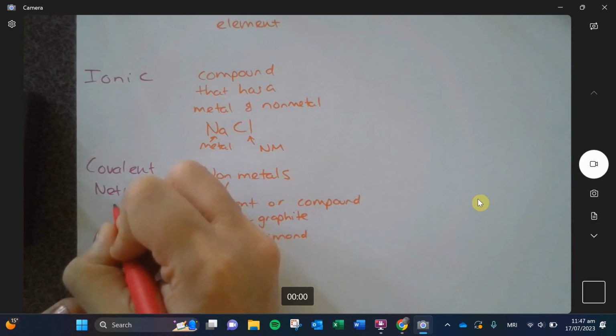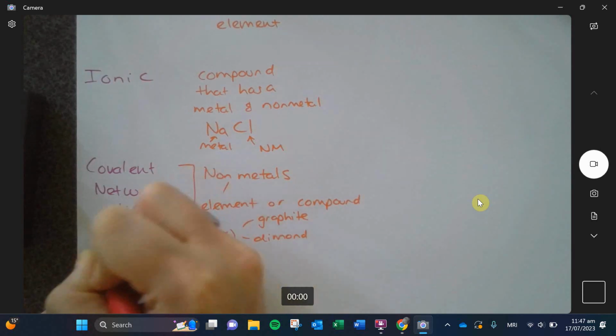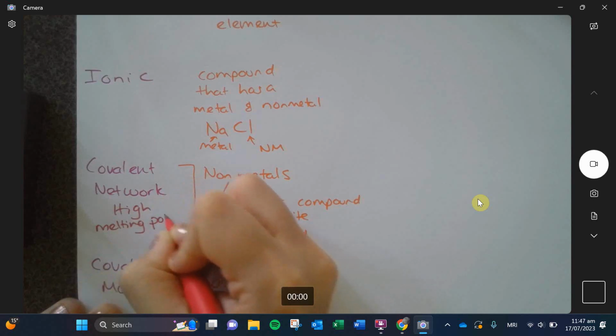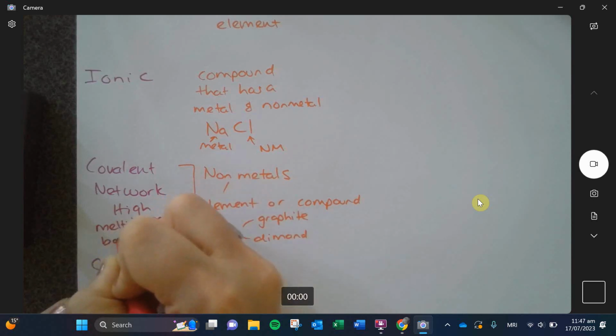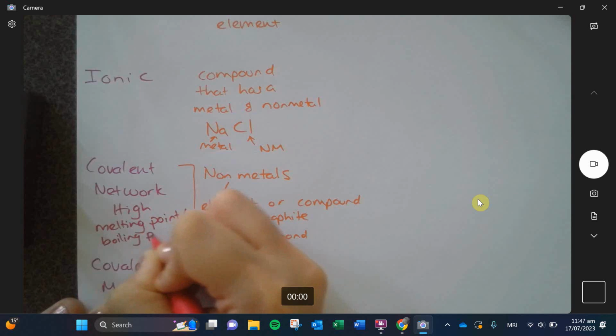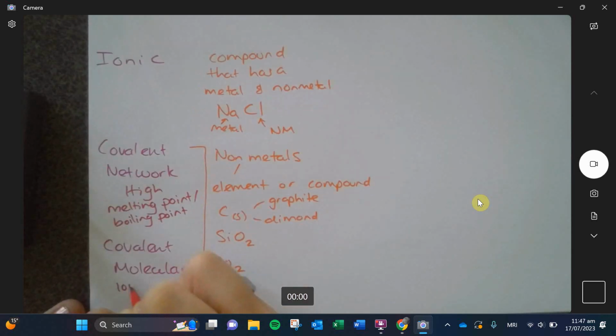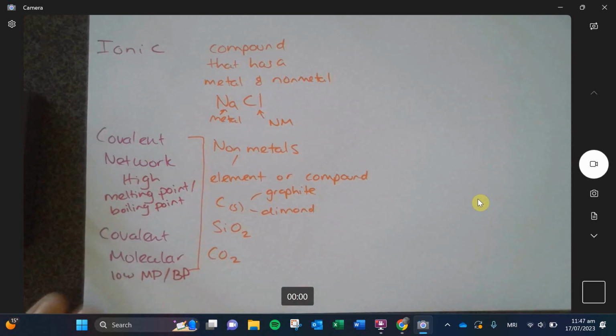So the thing to remember when we're trying to distinguish between the two is that the covalent network would have a high melting point or boiling point, depending on what the question's stating. The covalent molecular would have a low melting point, boiling point. So what you're going to have to do when you get to that section, if you are not sure, is read the rest of the question and look at the other hints.